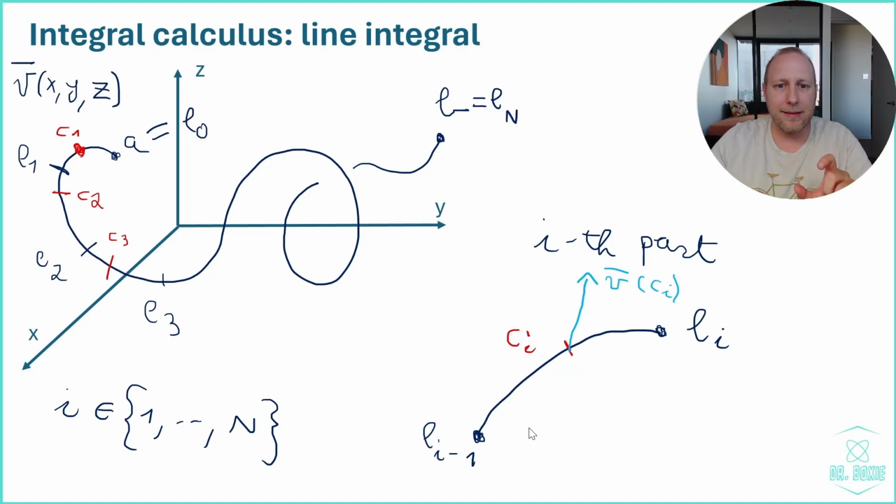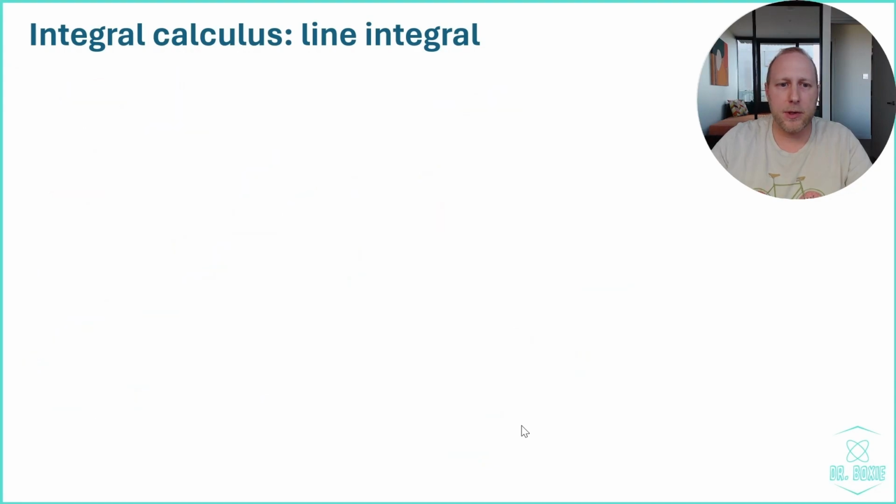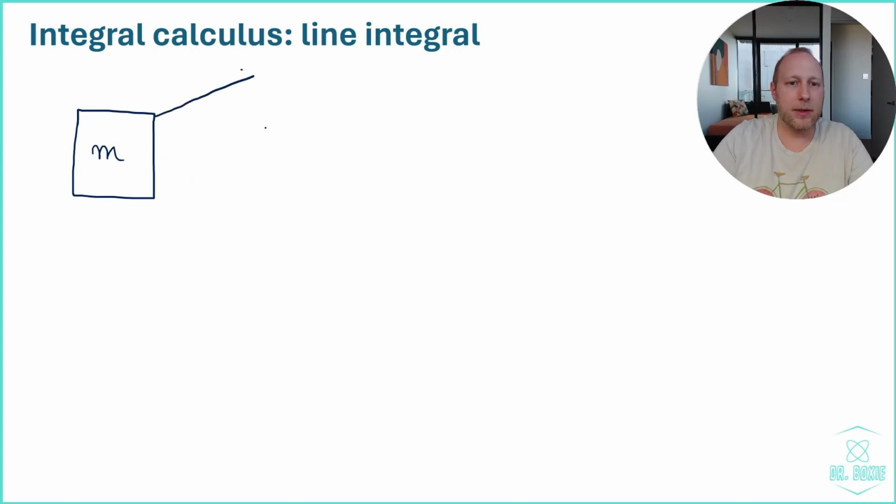Well, to understand it intuitively a bit better, let's first look at something we know from mechanics, which is the work done. Imagine we have a box of mass m, and some force F is applied on it, and that force has an angle theta with respect to a horizontal line.